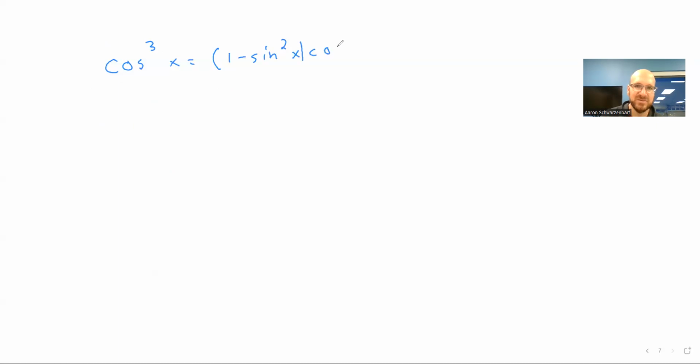So I kind of showed this one. That's real similar to the one we just showed. That's doing secant squared, and substituting.